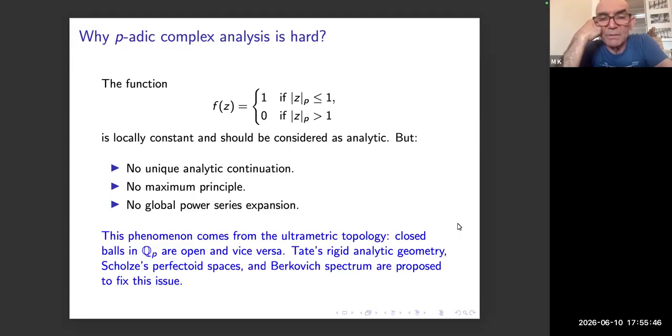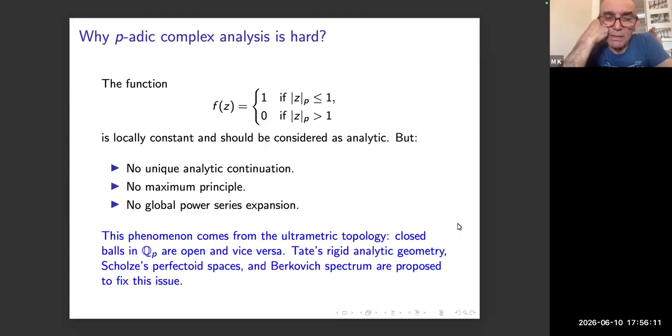There's no maximum principle. It violates the maximum principle, and it violates the existence of global power series, in the sense that if you have an analytic function in the plane, the power series converges everywhere for entire functions. But it cannot be a power series for this one. So this was a big problem already for a long time.